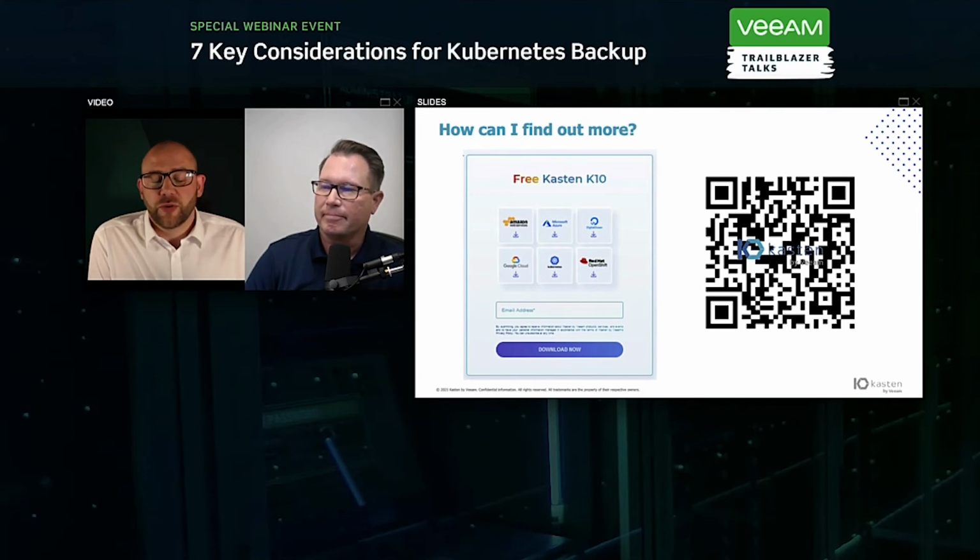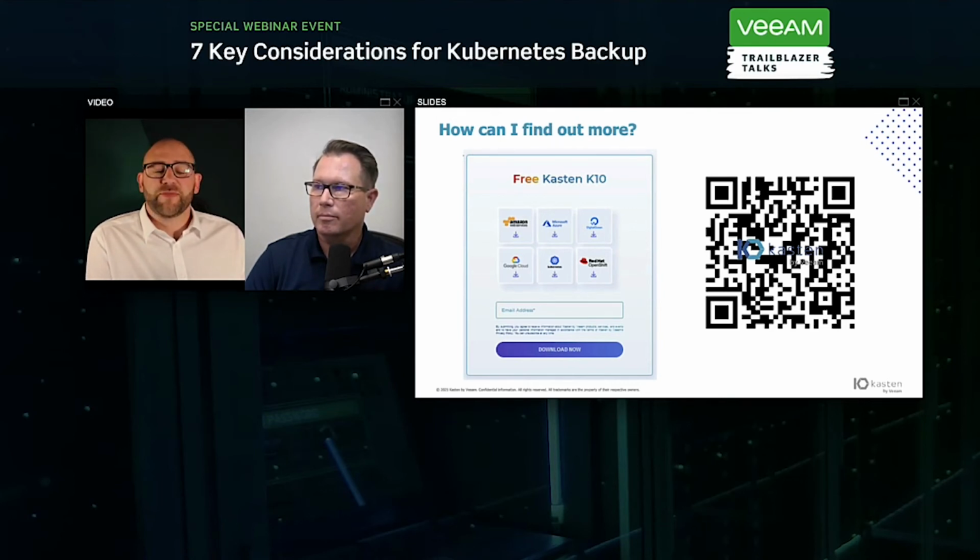Yeah, so if you look at K10, it's very similar to what you've probably seen from a Veeam or really any backup tool out there. But the key focus for us at Kasten is focusing on the reliability of that data. So we have the ability to export those backups out into object storage, which in itself should be isolated away from your Kubernetes admins.